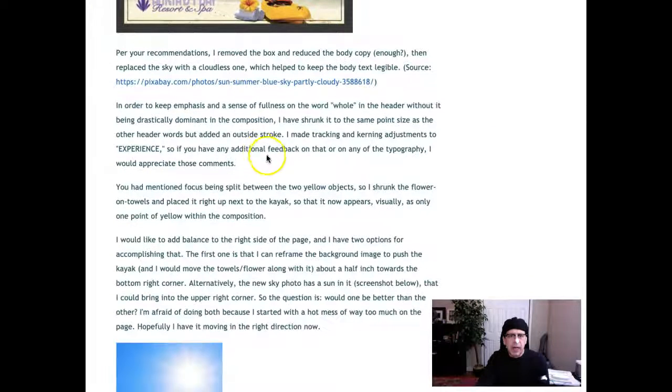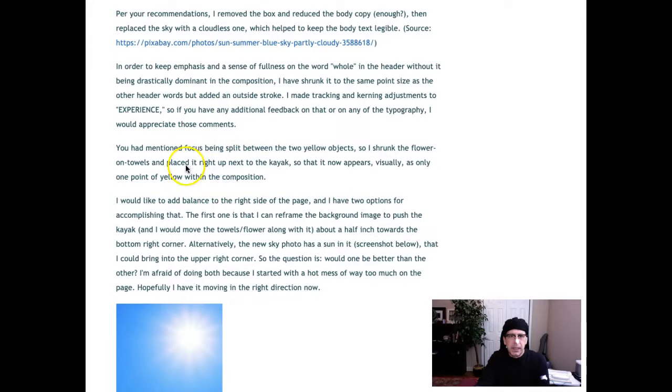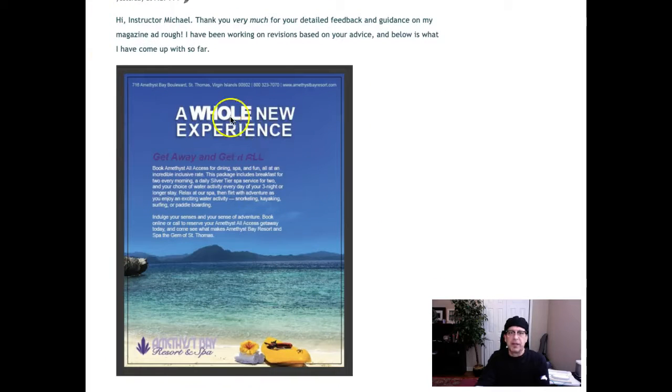Let's see, what else? I want to talk about the headline a little bit. I'm going to suggest two things. I don't think you need a drop shadow on that type at all. I mean, that's such a beautiful background. Why separate the type from the background? A drop shadow indicates a separation. It's not a cast shadow.